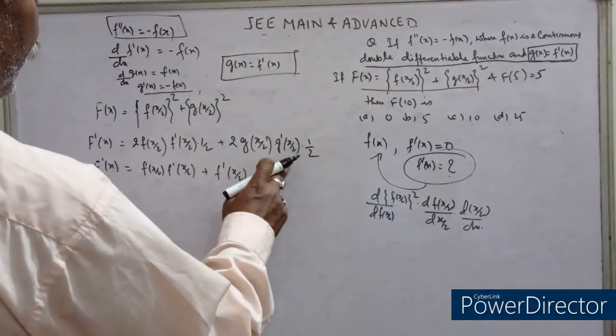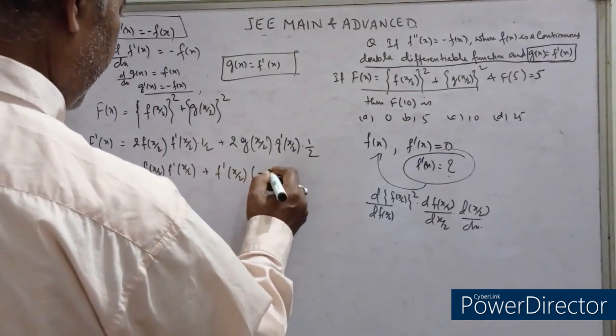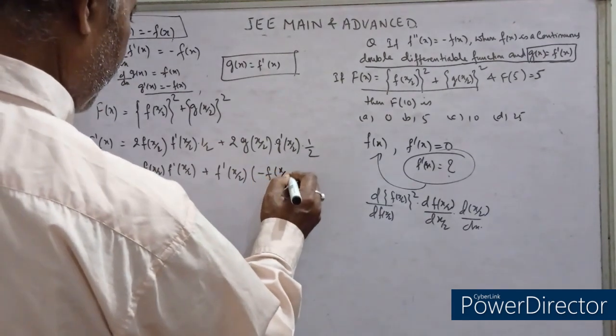So here instead of g dash x I can write minus f x by 2.